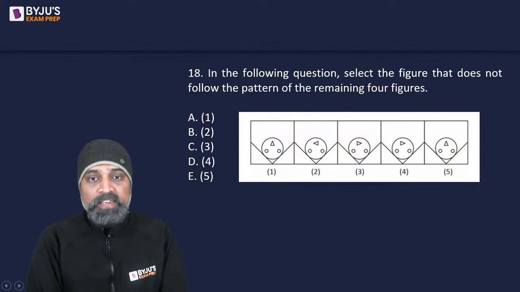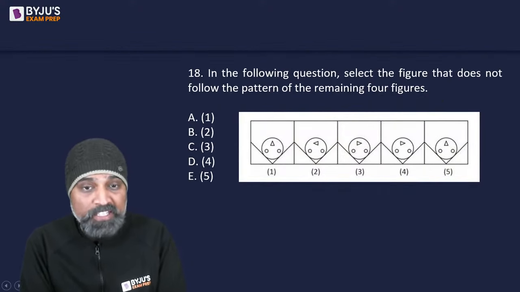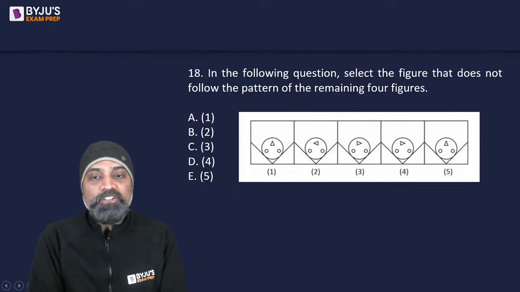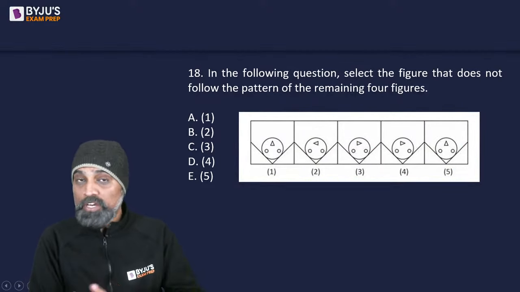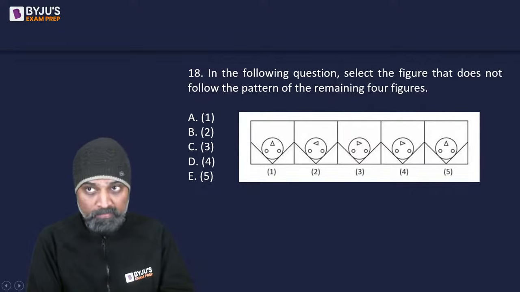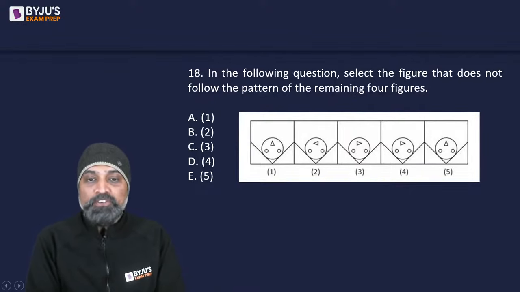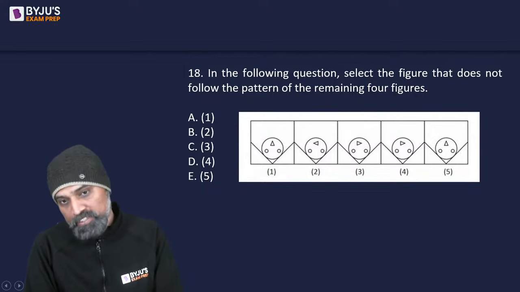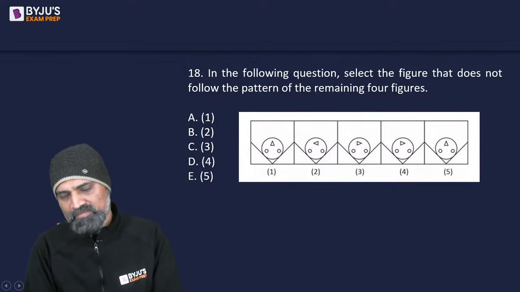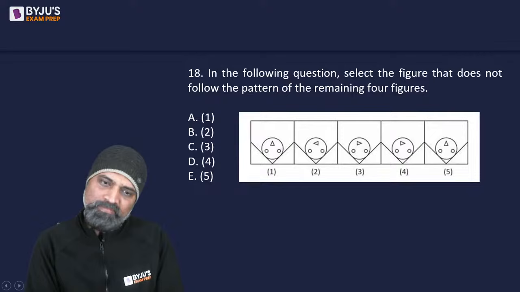Okay, in the following question, select the figure that does not follow the pattern of the remaining 4 figures. So you have to find out the odd one out, but they are related. So we have a first figure which looks like an opposite eye.